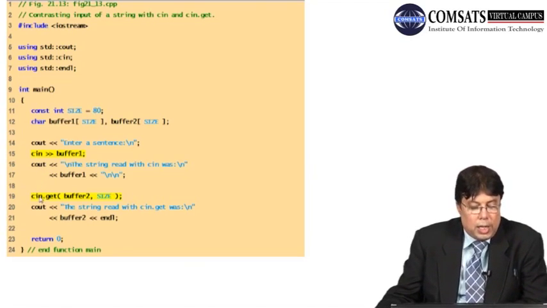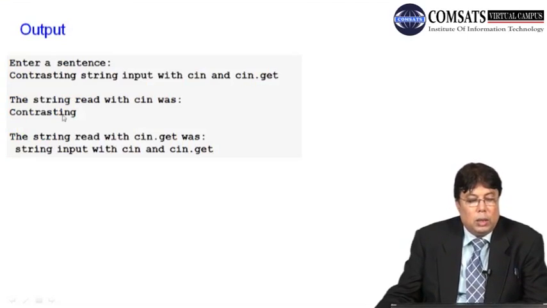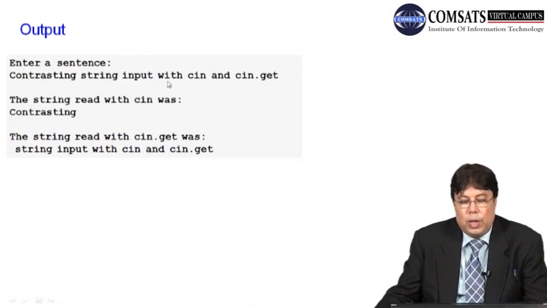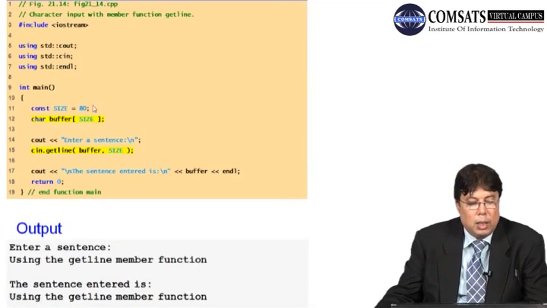Then you can read the data again. That was the default, and here you can use cin.get. Here you define the buffer comma size, and once again you are reading it into buffer 2. So enter a sentence: contrasting string input with cin and cin.get. The string read with cin was here.